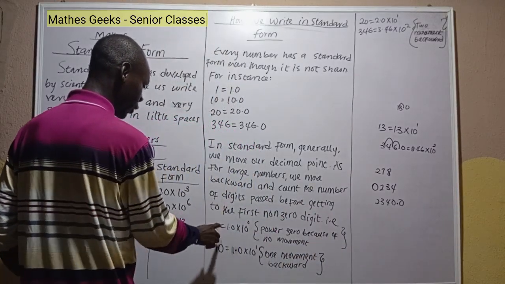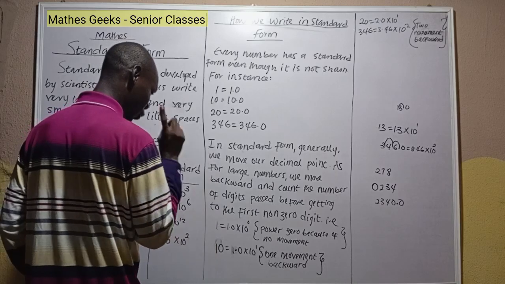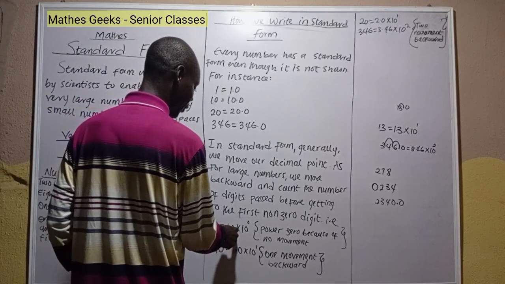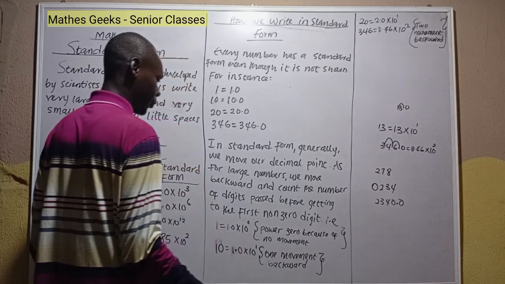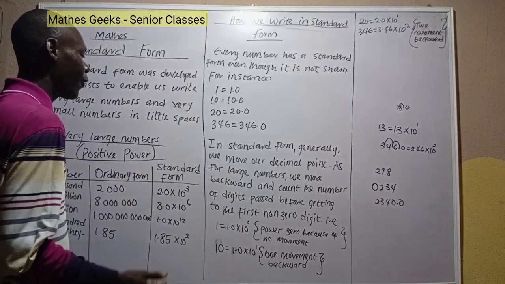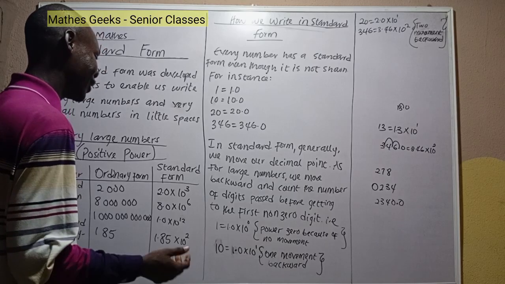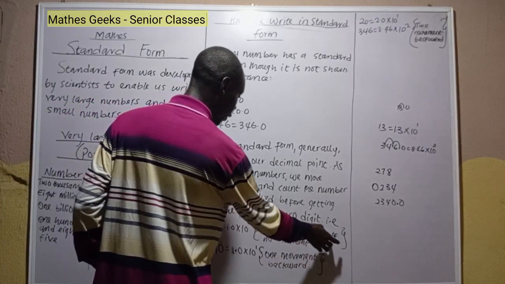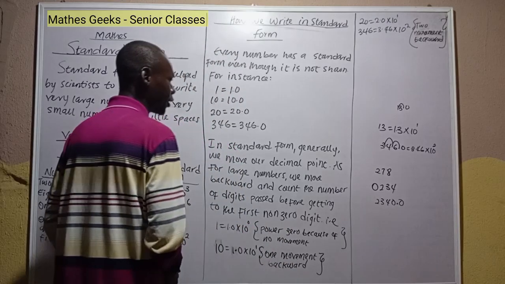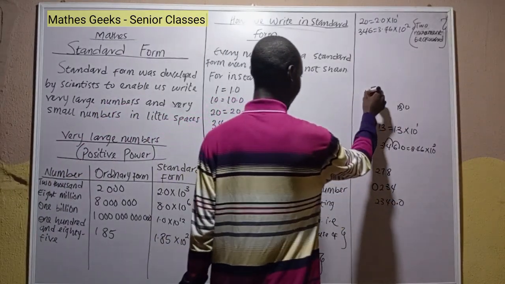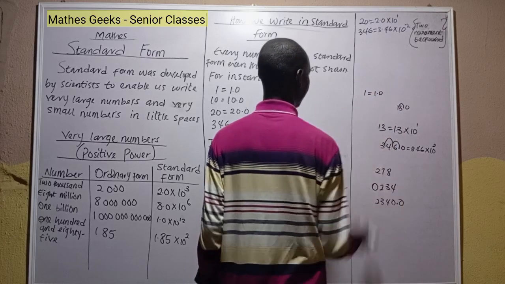Take note that 1 is just 1. So 1.0 is 1. That is 1.0 times 10 raised to power 0. Why power 0? Is it possible for us to have 10 raised to power 0 in standard form? Yes, it's possible. And this is the reason. Power 0 because of no movement. Remember, 1 has a decimal point.